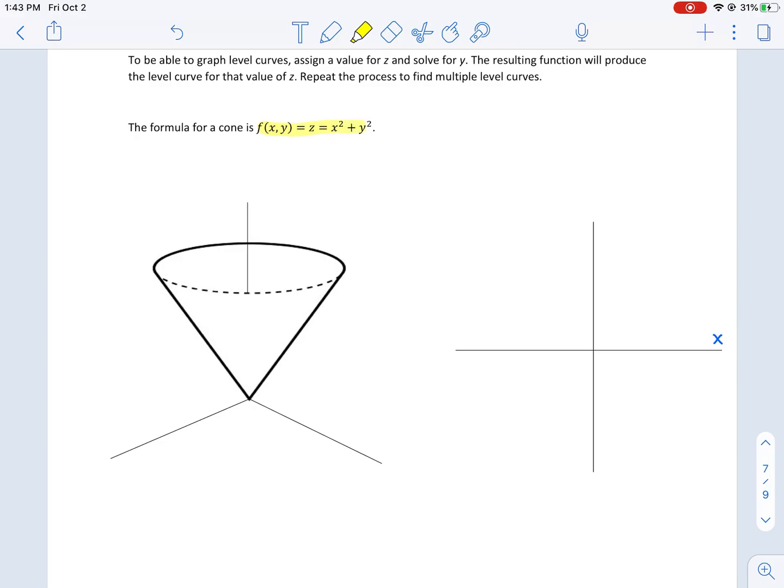A cone has the formula z is equal to x squared plus y squared. And what I'm going to do is I'm going to choose values of z and graph the result on the xy plane.